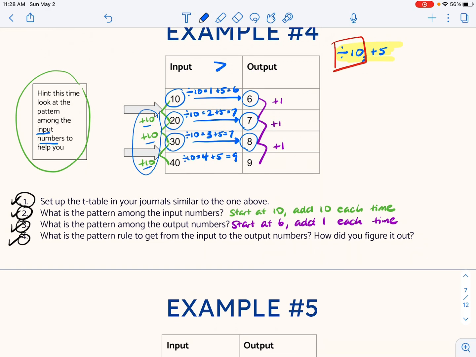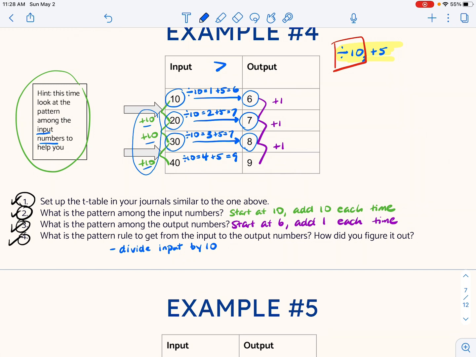Okay, so the pattern rule to get from the input to the output is we divide the input by 10 to get the output. Oops, sorry. Okay, I forgot the other step.